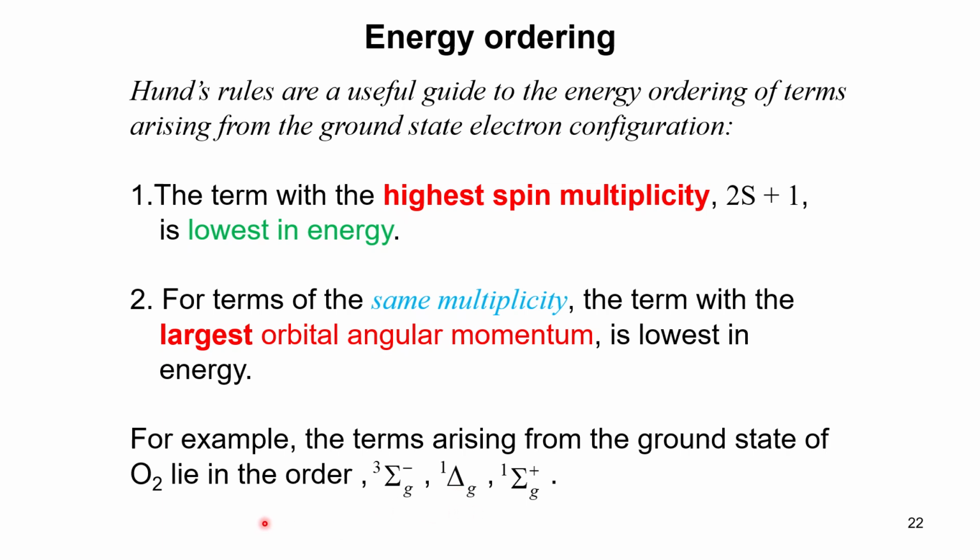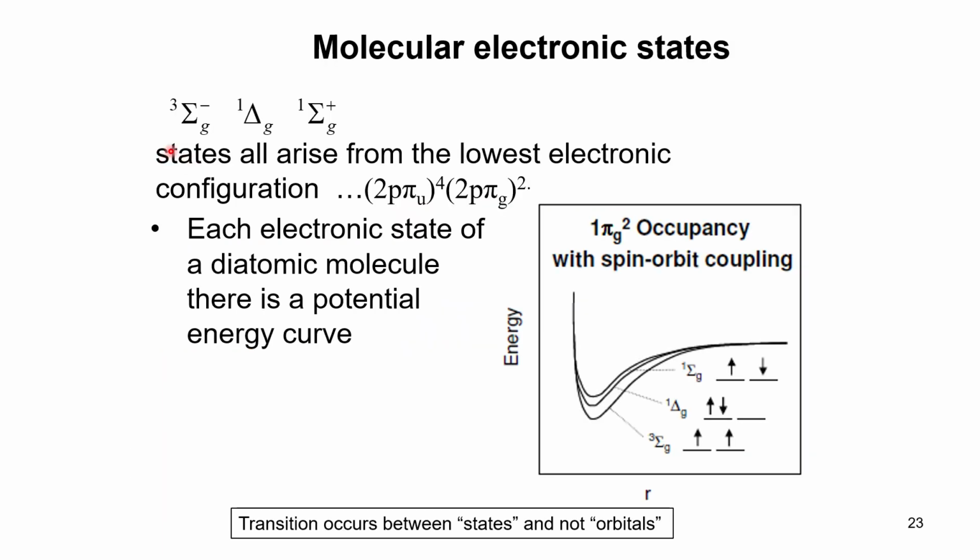Therefore, in the sequence, this one is the lowest in energy, followed by this term, and then this term has the highest energy. These states all arise from the lowest electronic configuration for the two electrons present in the pi antibonding molecular orbital of the oxygen molecule.